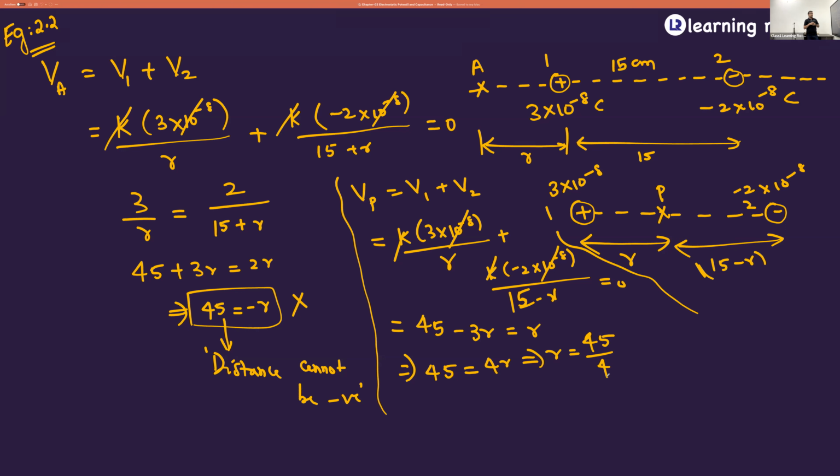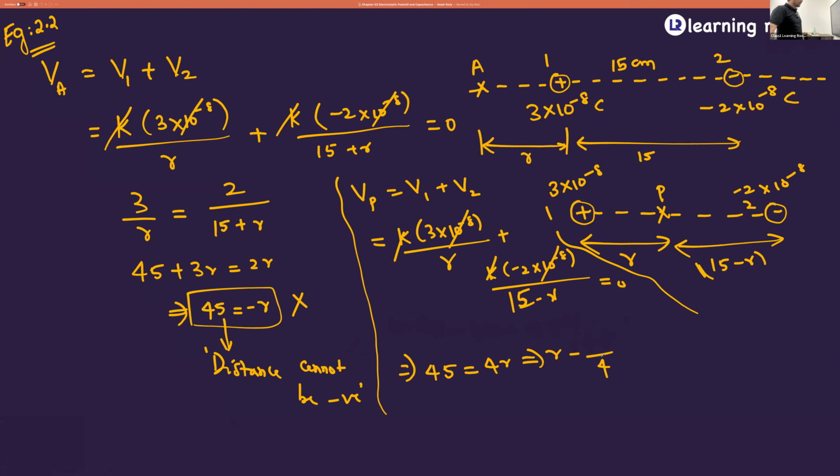All right, 3 into 10 power minus 8 divided by R minus 2 divided by... So 45 minus 3R is equal to, no, here it is minus 2R. Not minus 2R, plus 2R only. So that, yeah, now 9 is correct. But how did you get that 9?